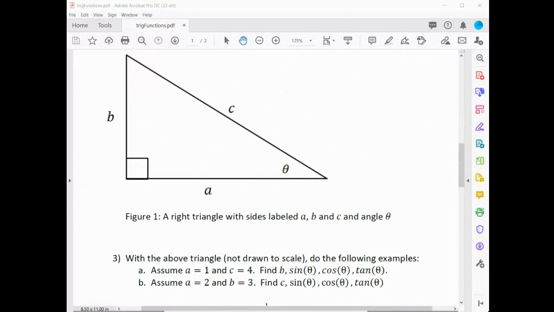In question 3, two sides of a triangle are given, and you find the third side. You're going to find some trig functions. You're not going to try and find the angle, so don't try to find what theta is equal to. How would you get the length of the unknown side? That's the Pythagorean theorem.